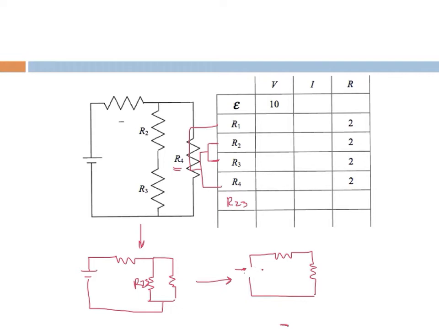And again, this is not a capacitor, this is a battery. And then if I wanted to simplify this one more time to give me the equivalent resistance for the entire circuit, this is finally combining R4 with R1. Okay, so let's go ahead and try this all together.